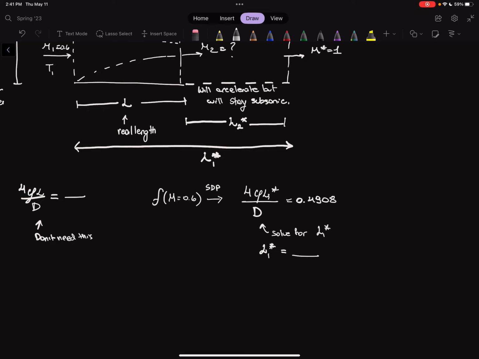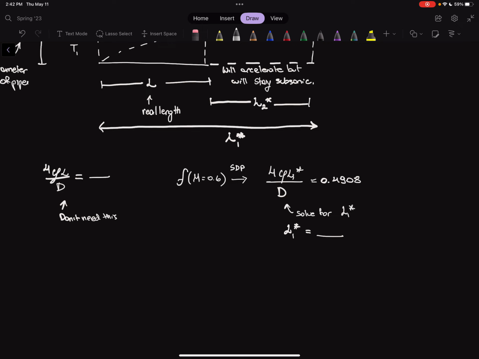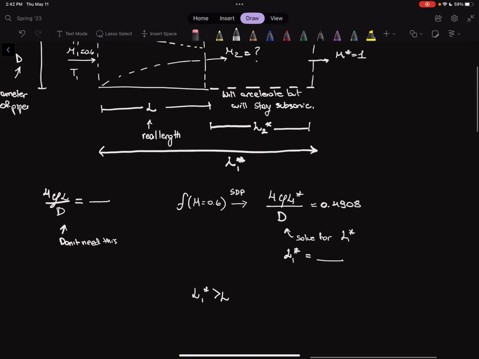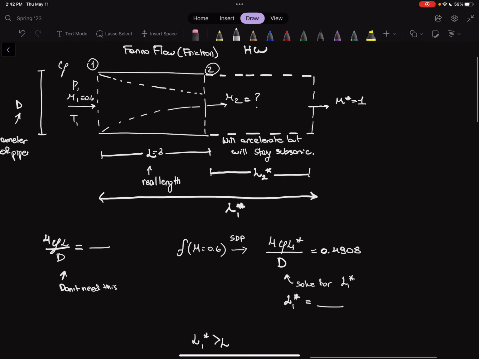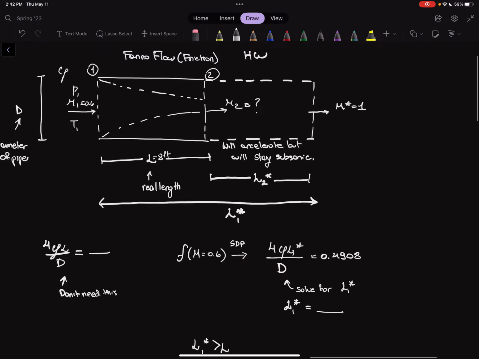Based on this sketch, you expect your L1 star to be greater than the given L, which is 8 foot. So L1 star is always greater than L. Yep. You will find 30 something. I don't remember. Once you have L1 star, you can calculate L2 star.